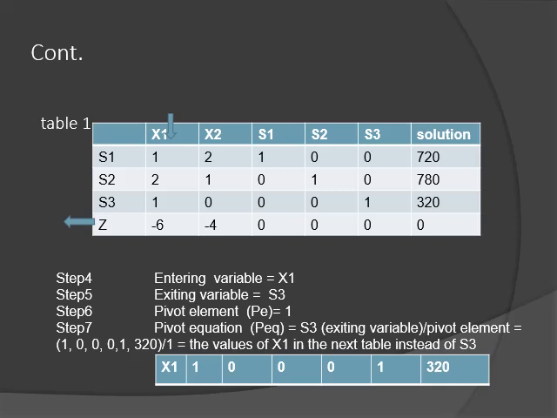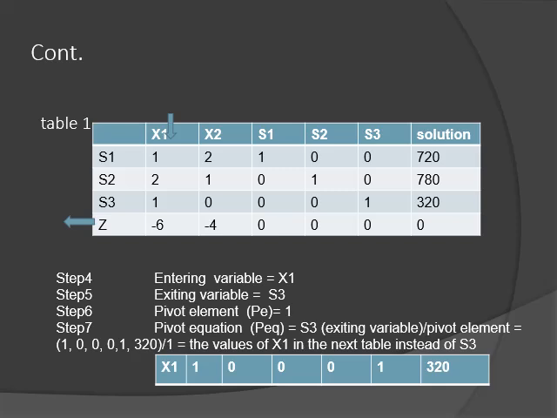To implement this target, step 4 now, determine the entering variable. Entering variable is defined as that variable which faces the biggest negative value in the row of the objective function, or Z row.